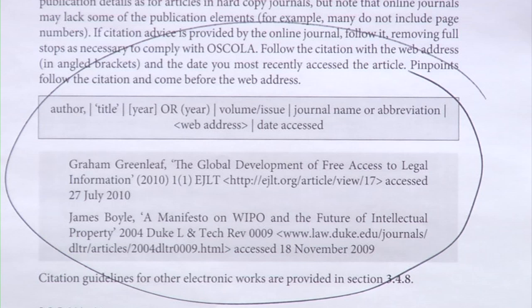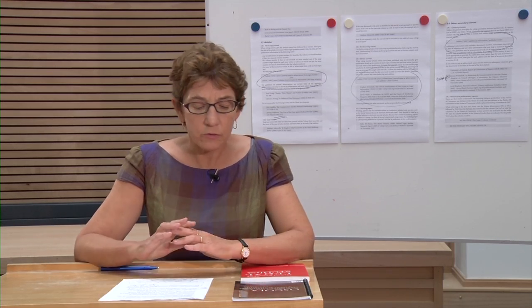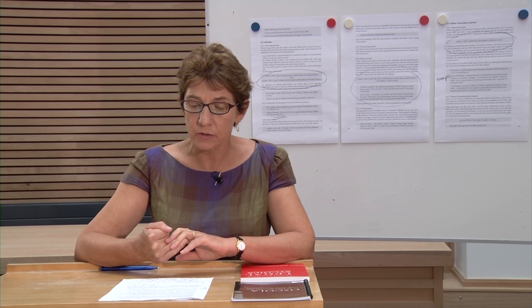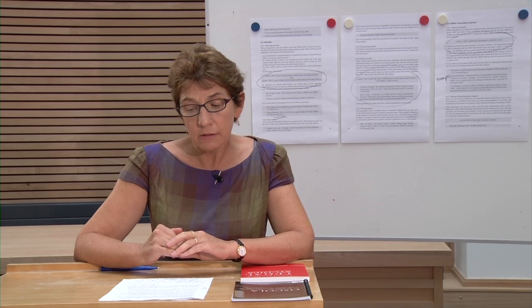So that's journals. I really only have one more main thing. Section 3 of AUSCOLA has information about citing Hansard, parliamentary papers, command papers, law commission reports, all those specifically legal sorts of things, and guidelines for citing websites and blogs and newspaper articles and so on.